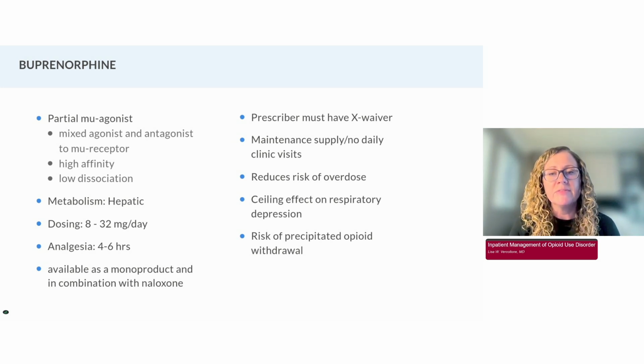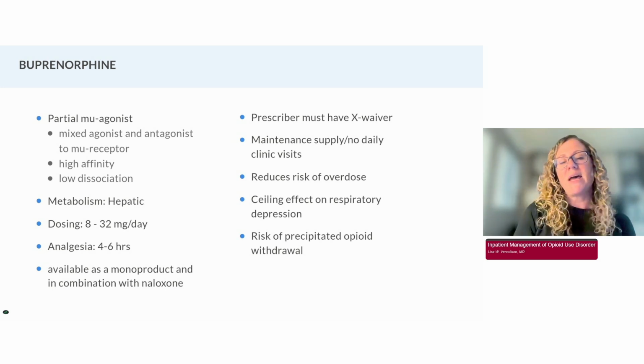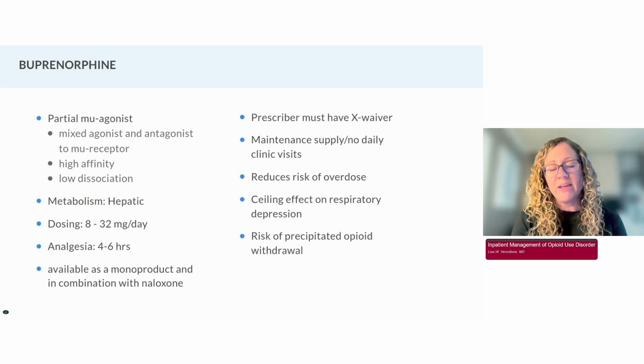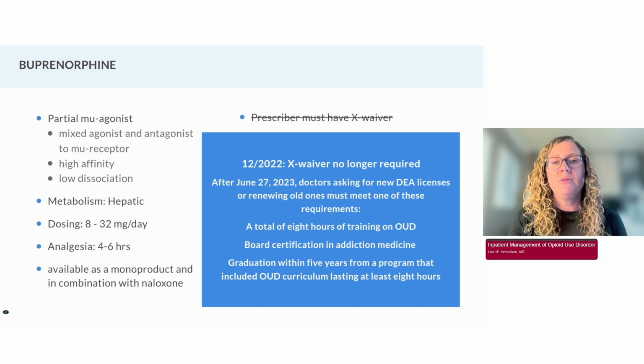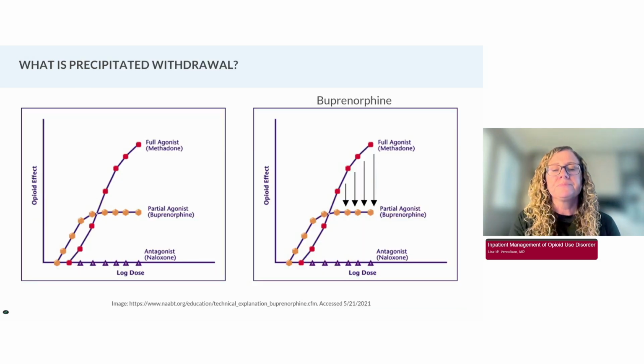It is protective, and it also has a ceiling effect on respiratory depression. The big concern in the past was that prescribers had to have an X waiver. Fortunately, we no longer need the X waiver as of 2022, so you do not need this special license in order to prescribe it.